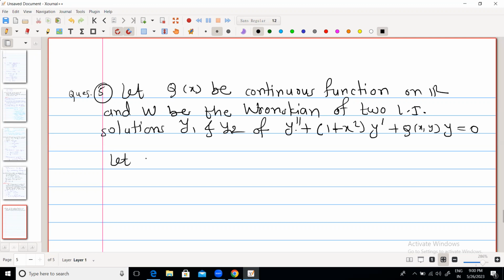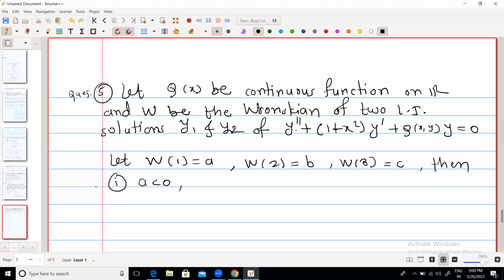So let the Wronskian at 1 be A, Wronskian at 2 be B, Wronskian at 3 be C. Then first option, A is less than 0, B is greater than 0.